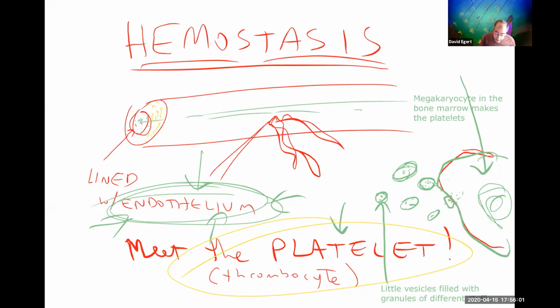Then they make the plug, they start dogpiling around there to keep the blood from leaking out. Then they initiate this whole cascade of events that we call clot formation, where we have fibrin now making a patch over the area. Then there's going to be the clot retraction and repair, where you actually fix the wall and redo the vessel wall. Then you can dissolve the clot and we're good to go again.